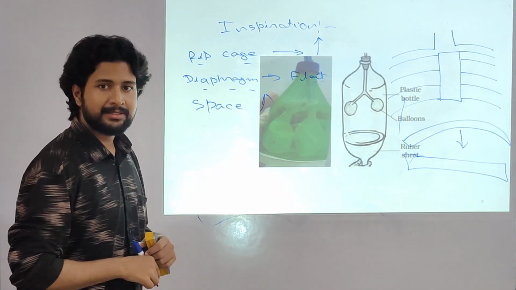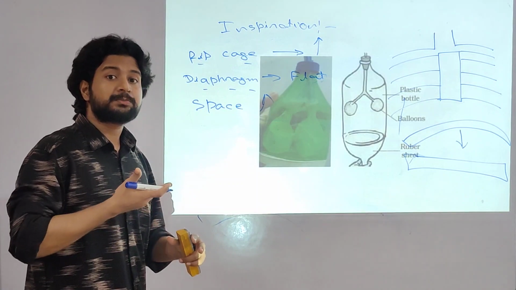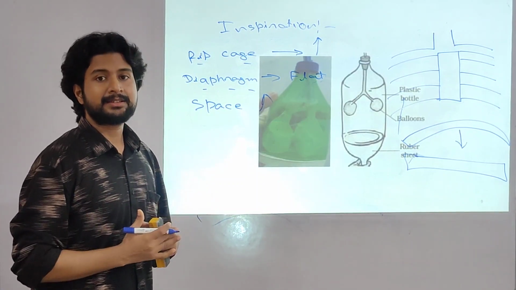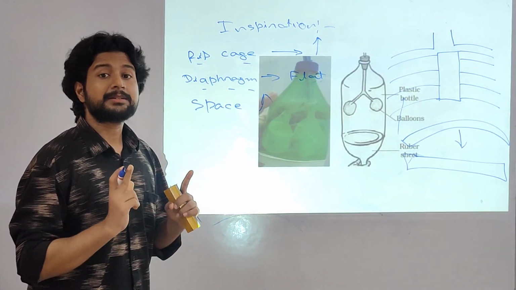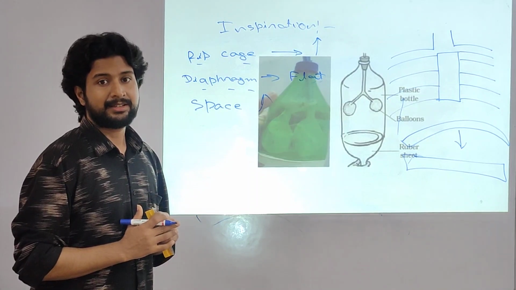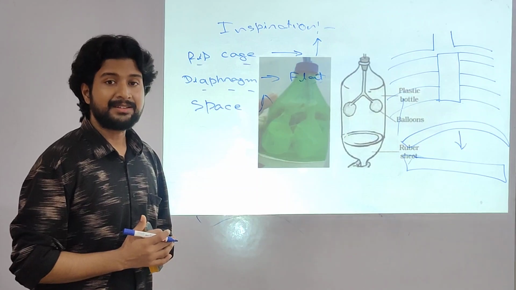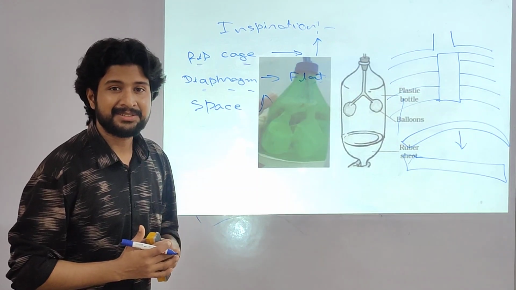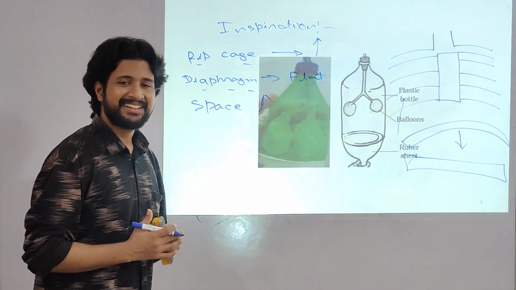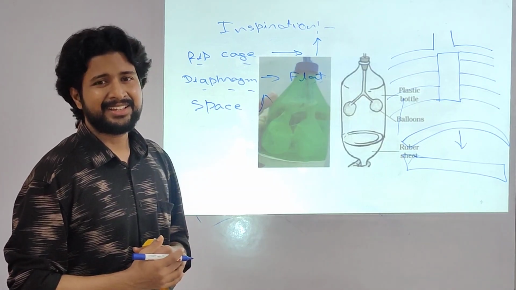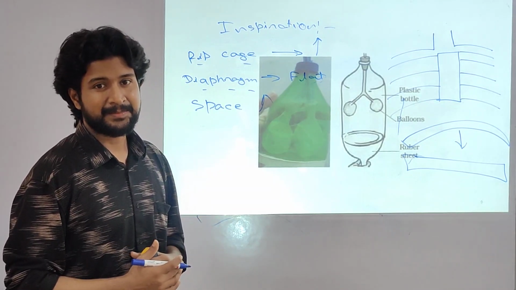Space will increase, and due to increase in space of the rib cage, air pressure inside the lungs will increase or decrease. What do you say? Yes, definitely it will decrease.